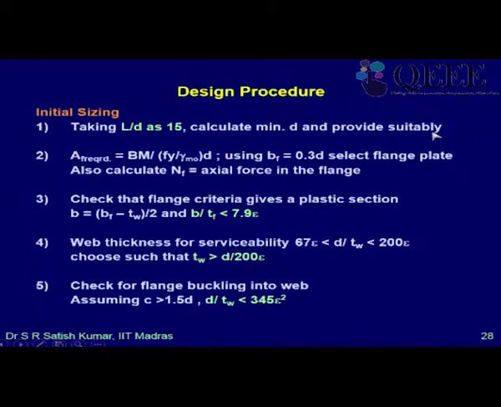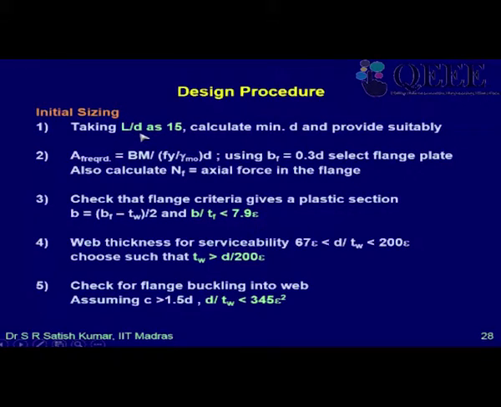And provide suitably, right? Generally plates are available in thicknesses of 4 mm, up to let's say 12 mm. After 12 I'll have 16, after 16 I'll have 20 mm thick plates, then 24, 28, 32 and so on. Similarly, depths are also restricted in multiples of 200 mm. We should try to use these so that we don't have to cut some plate unnecessarily, as that will be extra work.